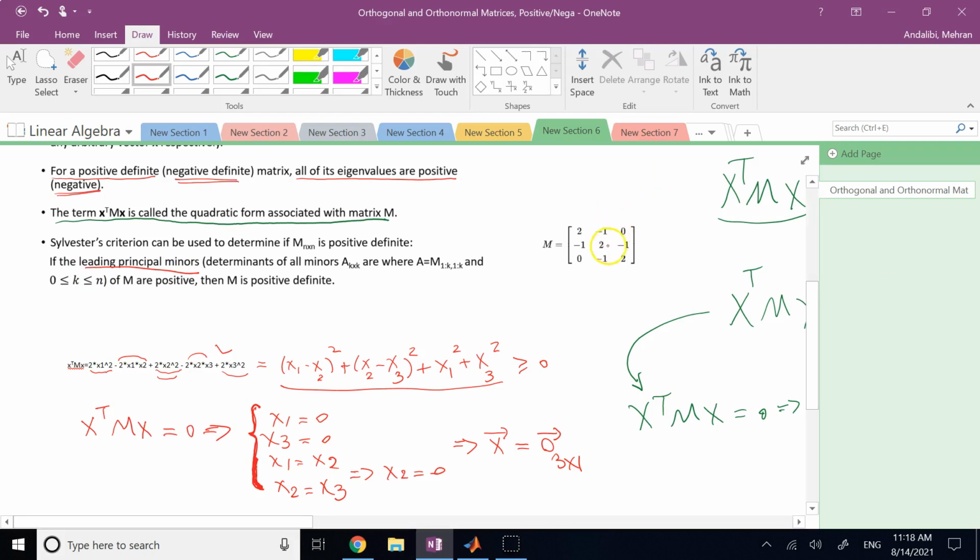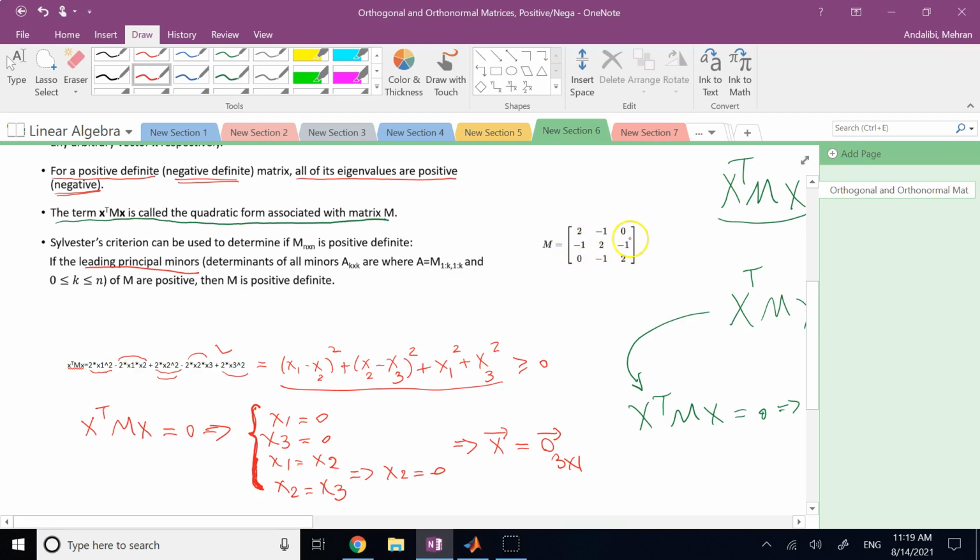A minor, as you know, is really the determinant of a submatrix. So if you chop a portion of this matrix off and get a submatrix, and then the determinant of that is called a minor. When we talk about principal and leading minors, it means first of all, the resulting submatrix should definitely be a square matrix again.